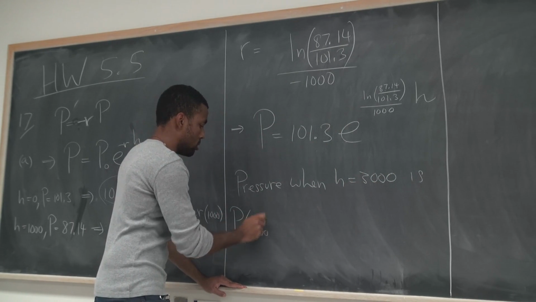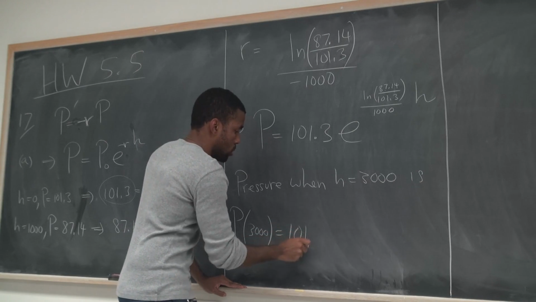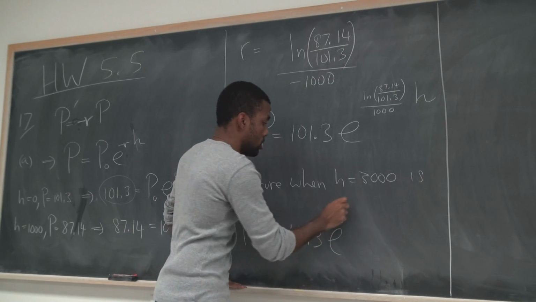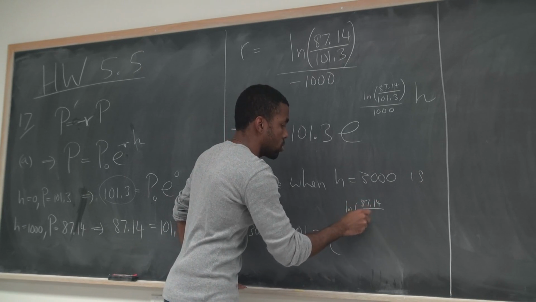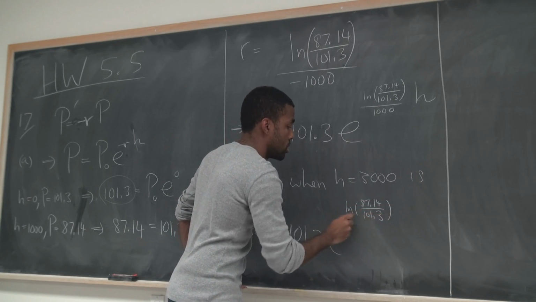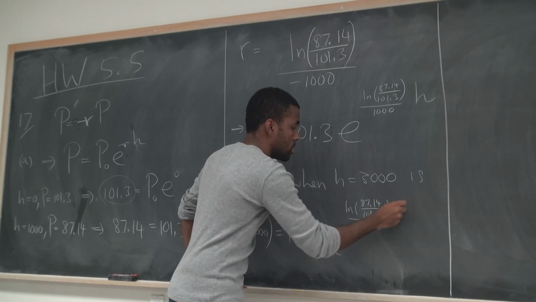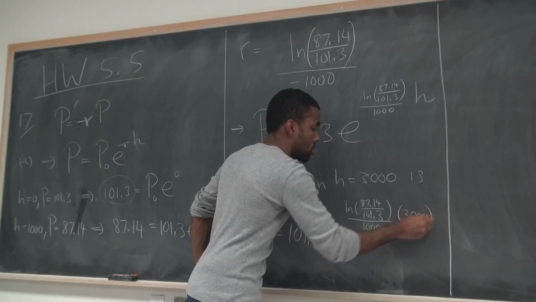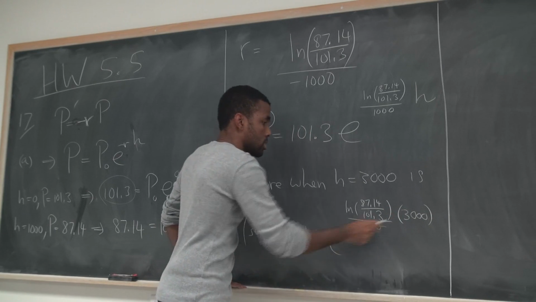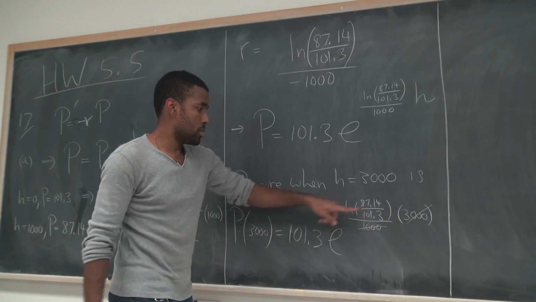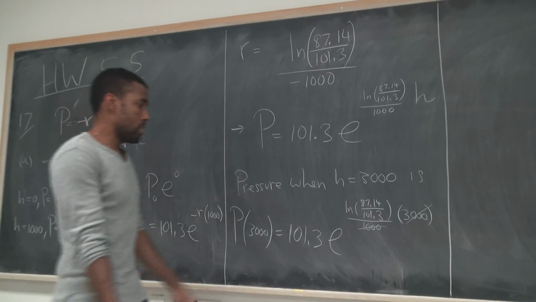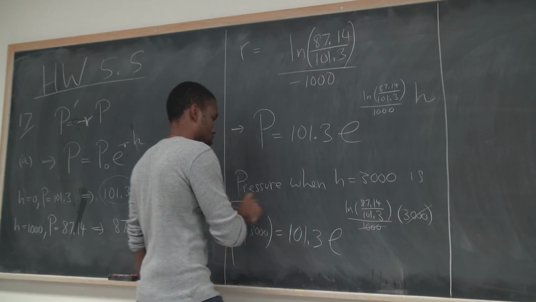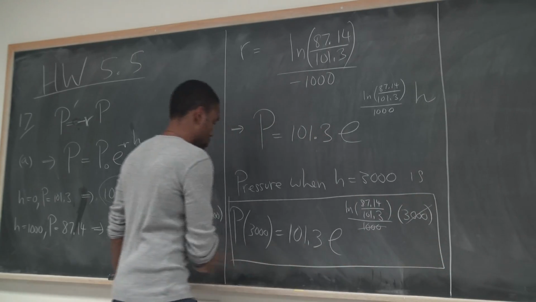P of 3,000 is 101.3 e to the ln of 87.14 over 101.3 over 1,000 times 3,000. Right, so that's just 3 times this, and e raised to that, times that. You plug that into our calculator, but we don't have calculators, so I will leave it like that.